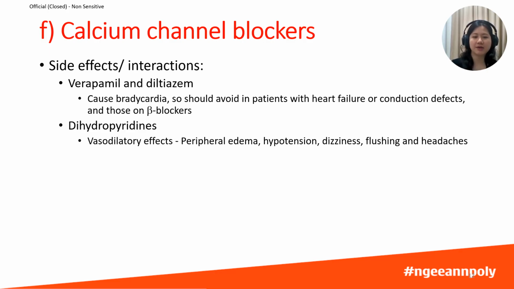Dihydropyridines have mainly vasodilatory effects, and this can cause side effects as well, such as peripheral edema, which is swelling of the extremities, especially the lower legs, hypotension, which is low blood pressure, dizziness, flushing, which is redness of the face, and headaches.